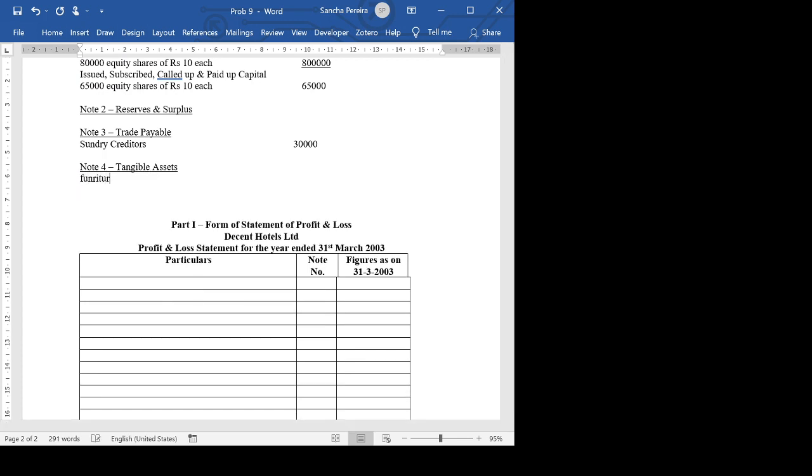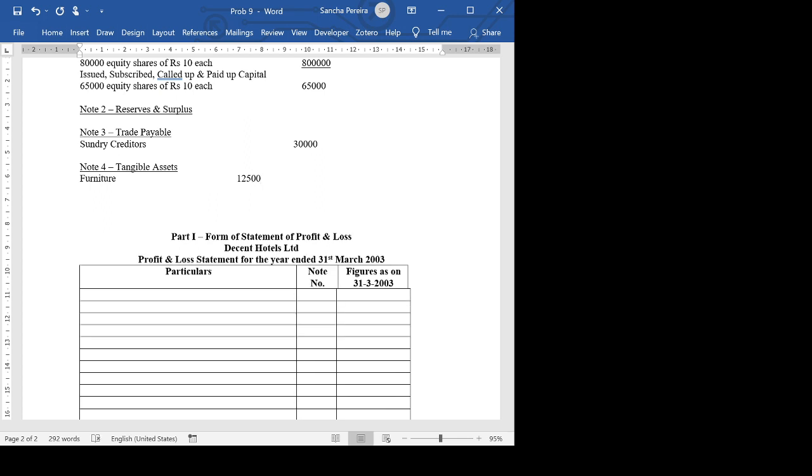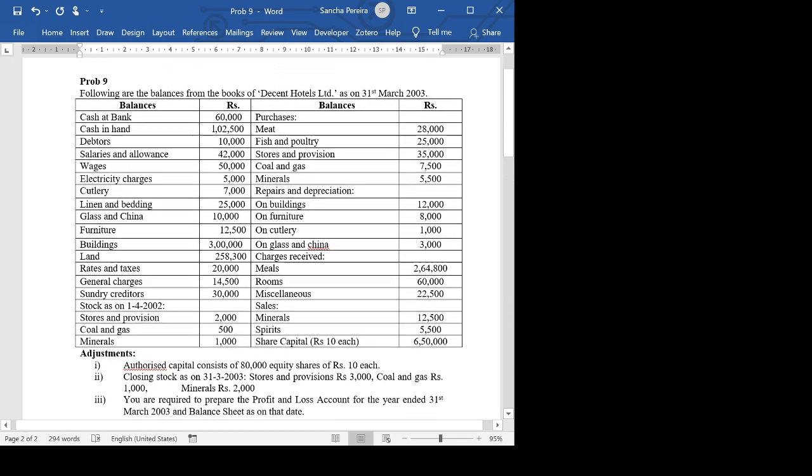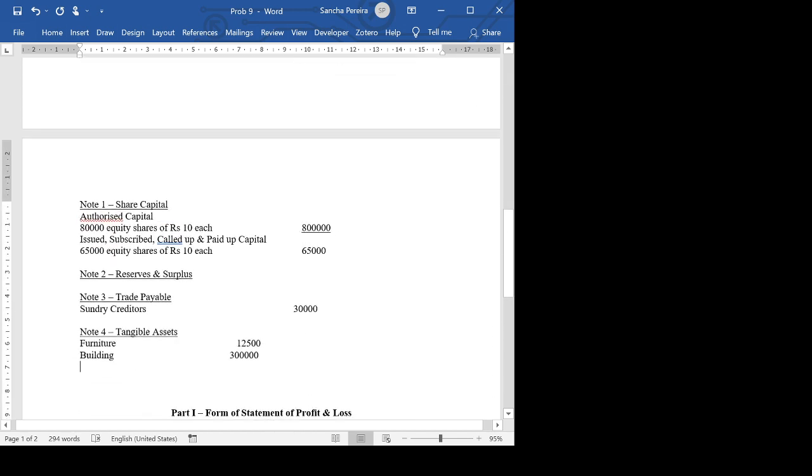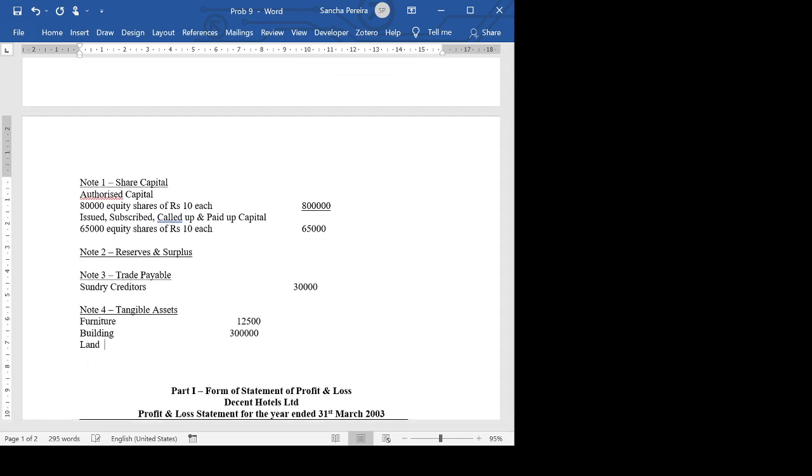So we have furniture, which is 12,500. Then we have building, which is 3 lakhs. And we also have furniture, building and land, which is 2,58,300.